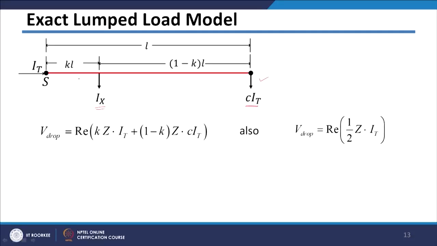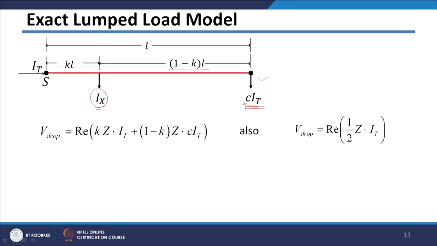The distance of first load from substation is k fraction of L, and so there will be remaining distance which is 1 minus k multiplied by L. Then I assume some load is connected at first location, and the remaining load, which is C fraction of IT, will be lumped at the end.